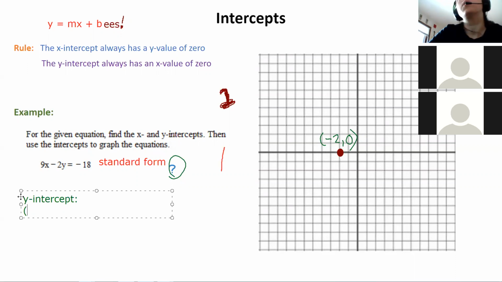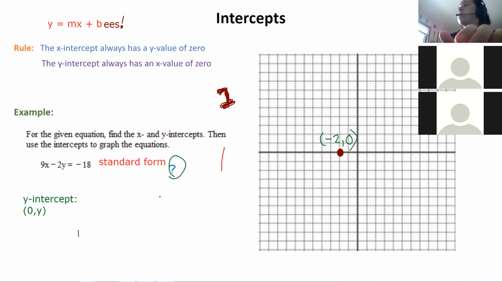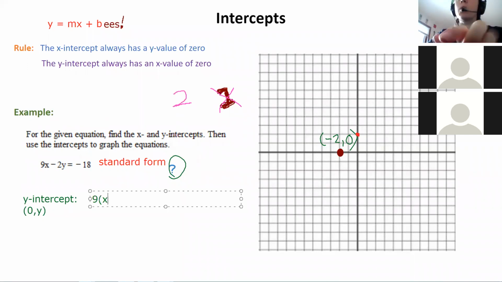It'd be 0. Good job. So since we want to find the y-intercept, now we erase from our mind what we did with the x-intercept. We go back to the original equation and we plug a 0 in for that x. So we can solve for y.